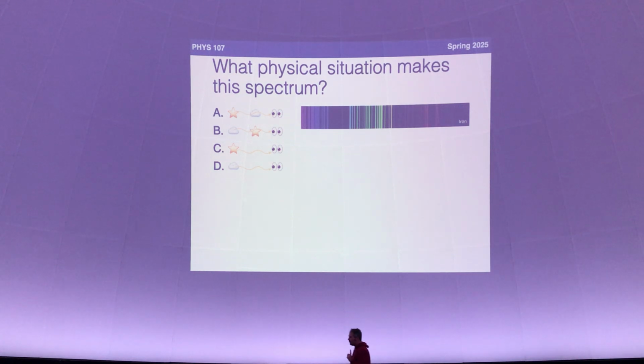So I'm going to walk around. Turn to your neighbor, and even if the two of you agree, explain your answer to them and convince them why you're right. You have 90 seconds.